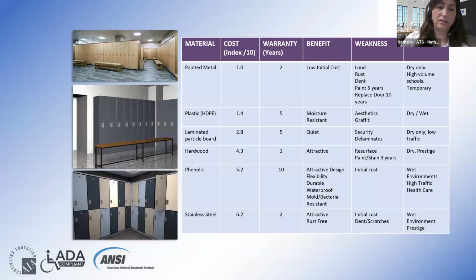While phenolic is as resistant as stainless steel, and you have more options. So you have more color options. You can still take on high traffic. And you have some other options for phenolic that can be bacteria resistant. And you have, as I mentioned, a more attractive design.